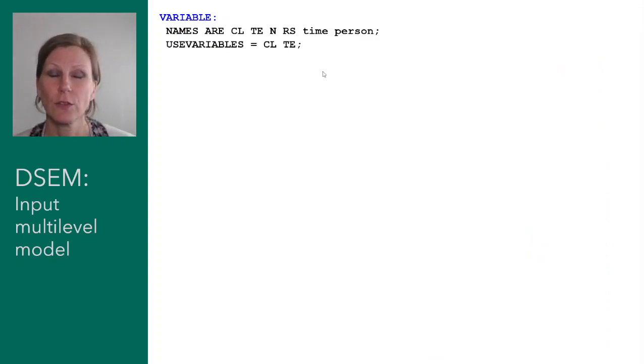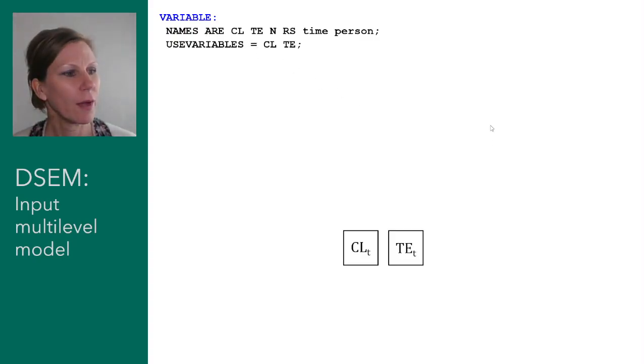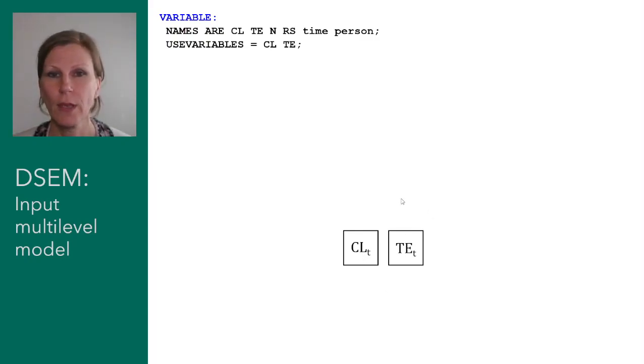Next, I indicate which variables I want to include in the model that I'm going to specify. For now, that is only closeness and tension. I do this with the usevariables option, and the equal sign is doing the same thing. So I can use the variables closeness and tension.